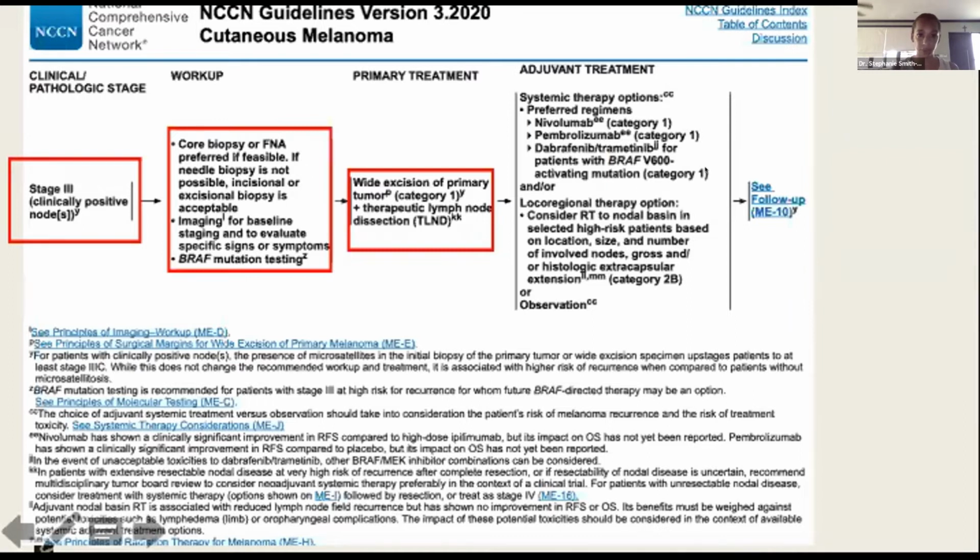They are available to us here in Jamaica at a cost, of course. And then, of course, we do have targeted therapy if your patients do harbor a genetic mutation. Radiation is also an option for them, especially the nodal basins. And of course, observation is key in these patients.